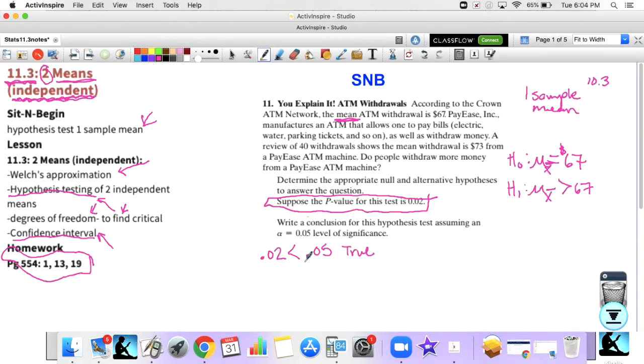So if this is true, if it actually is smaller, that means there is enough evidence to reject our null and accept our alternative. So if we were to write a conclusion for this, I would say something like, there is enough evidence at a 0.05 level of significance to say that the mean amount of money withdrawn from the payee's ATMs is larger than other ATMs.